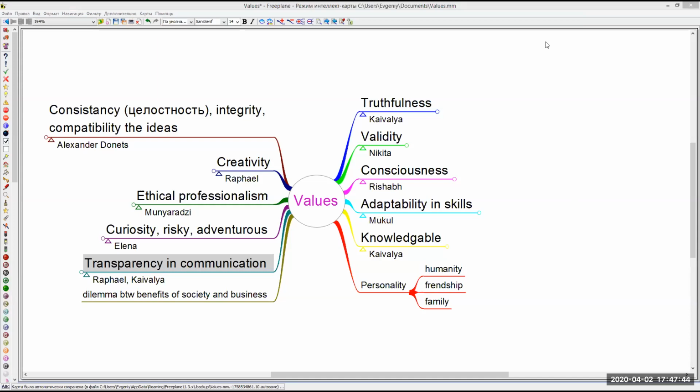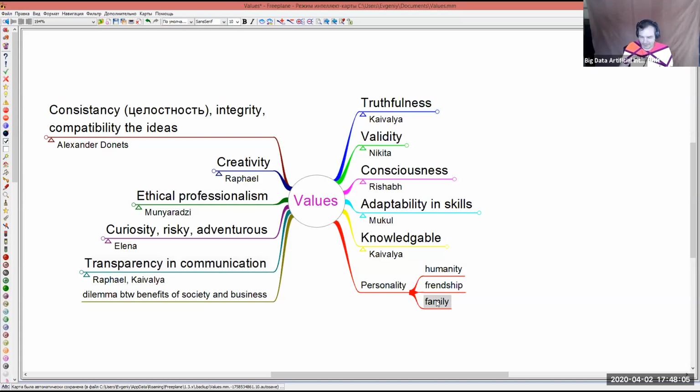I have one proposition. Maybe it's good or not, I don't know. In personality, a human should also have love in his heart. Can you explain?